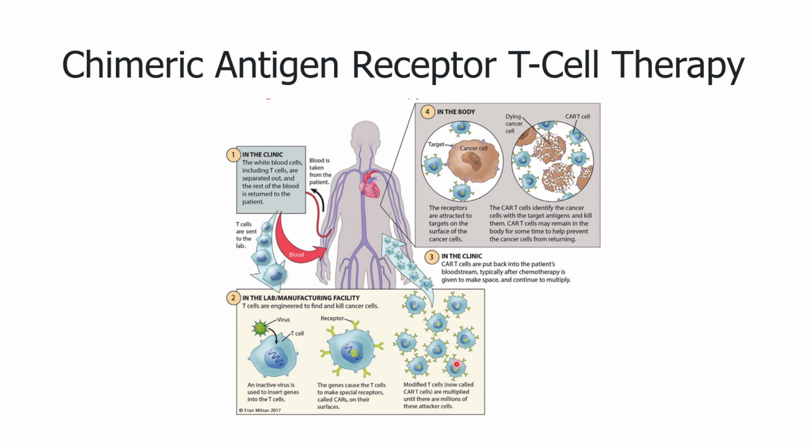Their efficiency is also greater compared to other situations when these cells are transferred to the patient. As it is written here, typically these T cells are transferred after chemotherapy is given, to make space and continue to multiply.